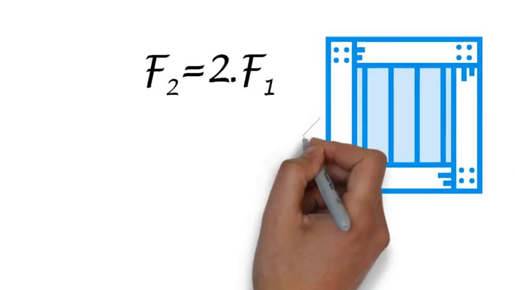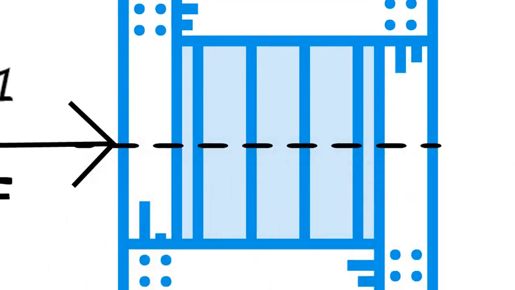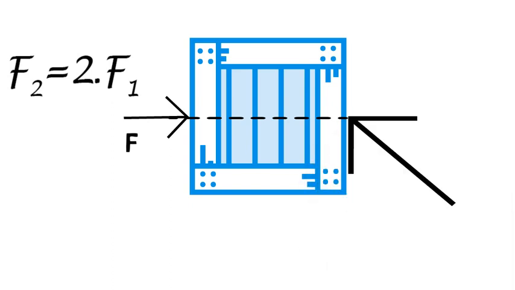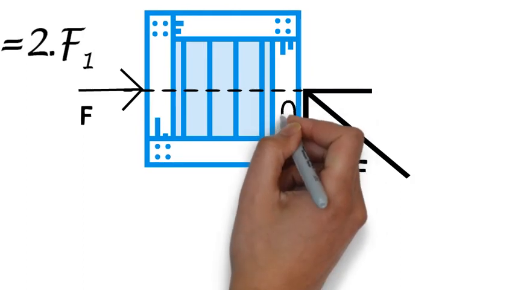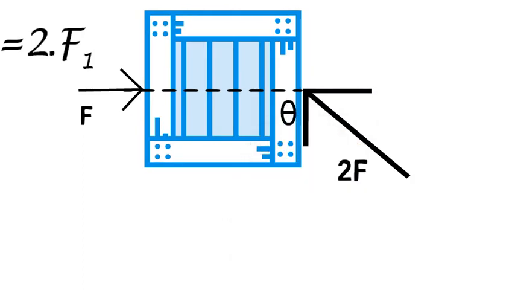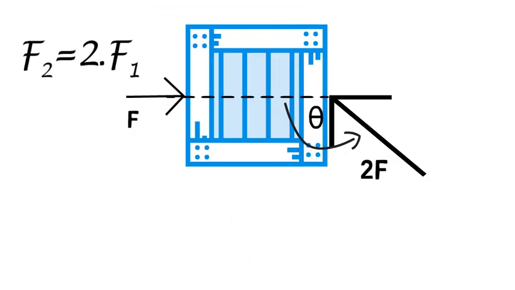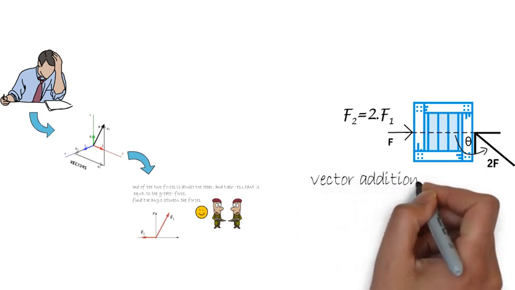So you have a force of magnitude F and another force of magnitude 2F. Let's say the angle between these two vectors is theta. Now you need to find the magnitude of theta, in terms of numbers.